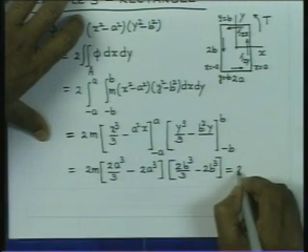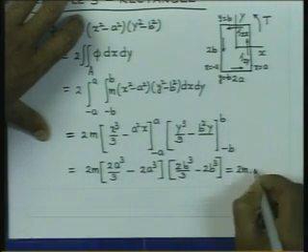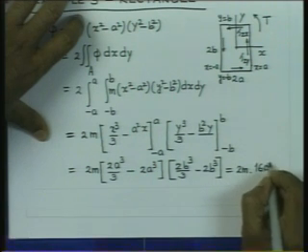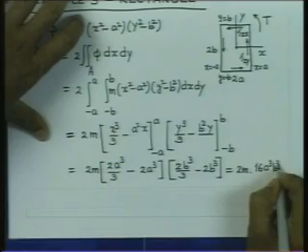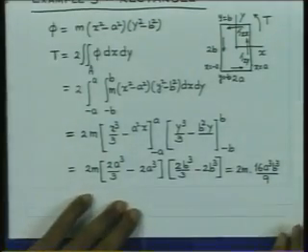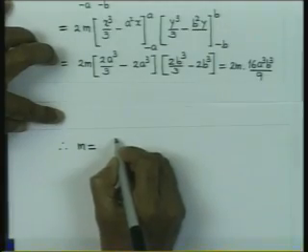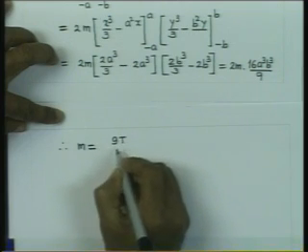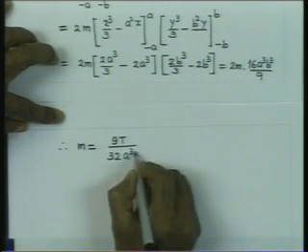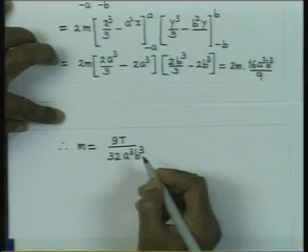So, we have T equal to 2m into 16 a cube b cube by 9. Therefore, constant m is equal to 90 by 32 a cube b cube.